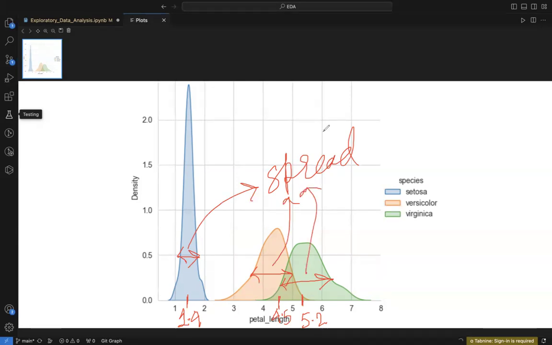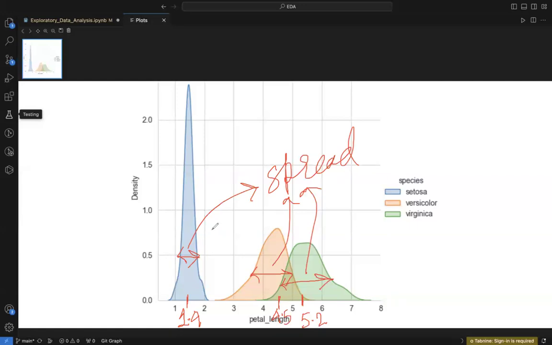So spread basically means what is a typical range, or how widely my PDFs or histograms are spread. If I can somehow measure this spread, I know the central tendency. If I can also measure this spread, it will give me a good intuition on how widely these points are spread.